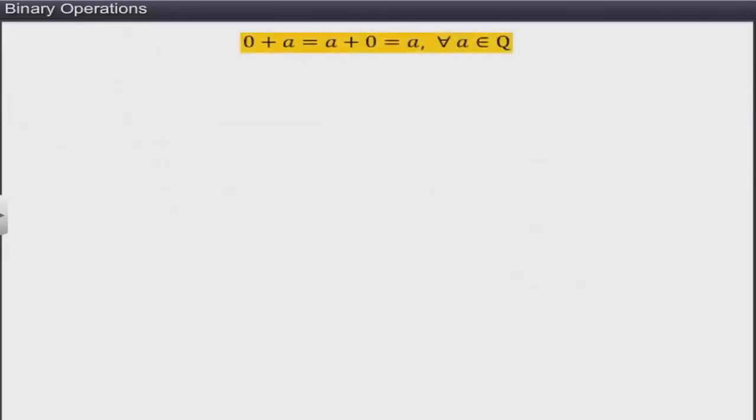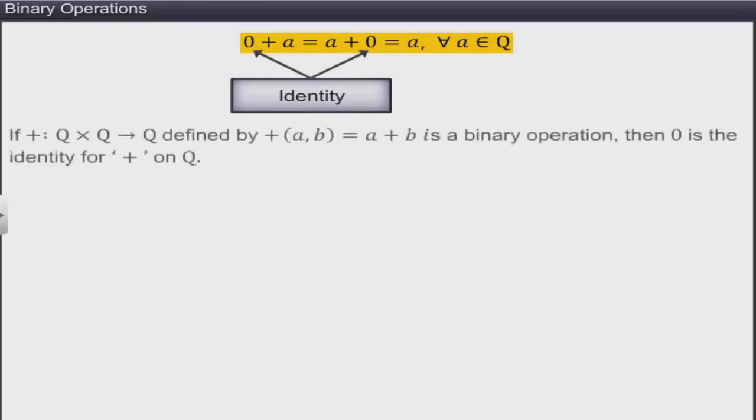On adding 0 to any rational number a, we get a. Hence, 0 is the identity for the addition operation for the set of rational numbers. If we define a binary operation addition on the set of rational numbers, then 0 is the identity for addition for set Q of rational numbers.